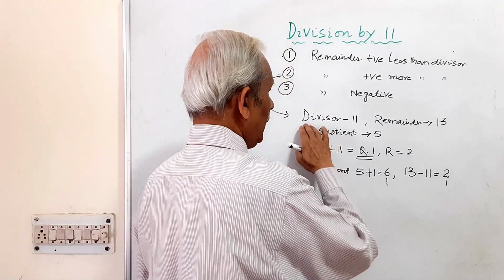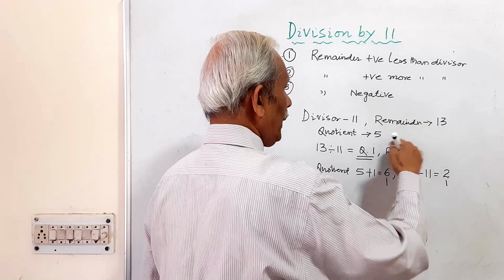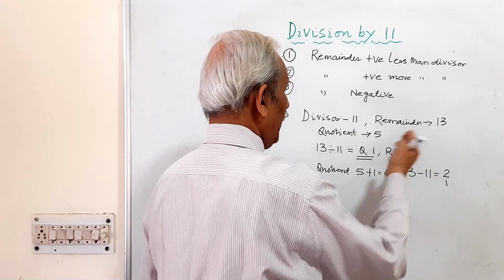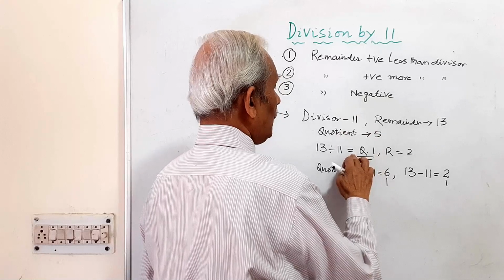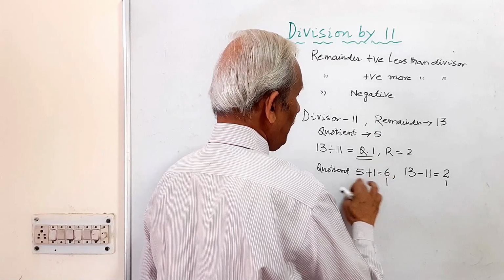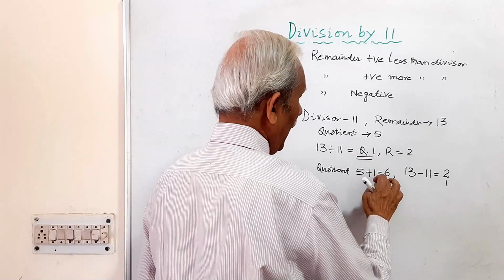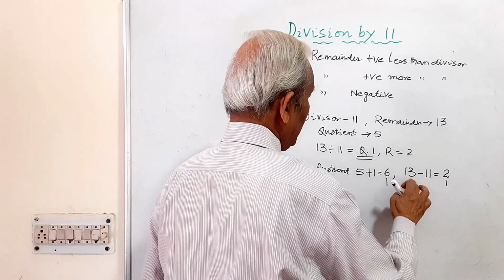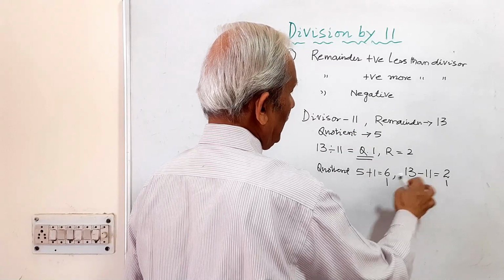So whenever the remainder is positive and it's more than the divisor, we have to divide it once again and you have to find out how many times 11 goes into 13. It goes up to 1 only. So you just add this 1 with 5 plus 1, your previous quotient. It becomes 6. And what was the remainder, there was 13. One time we have divided by 11, so minus 11 it becomes 2.